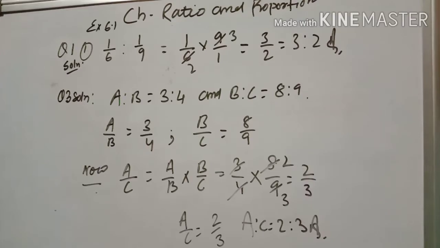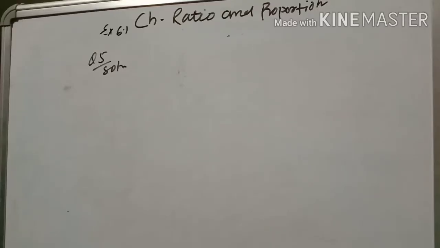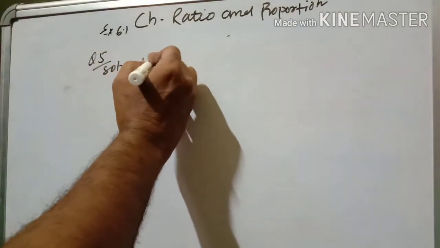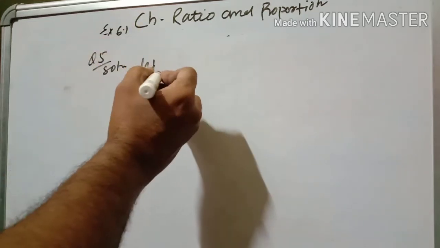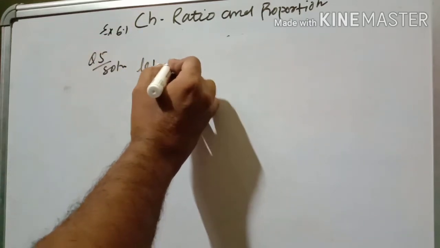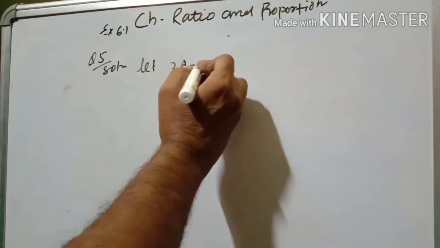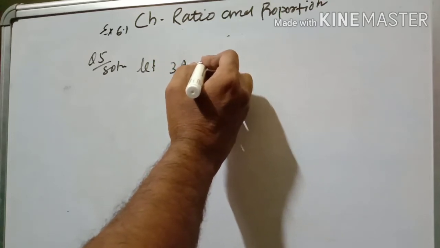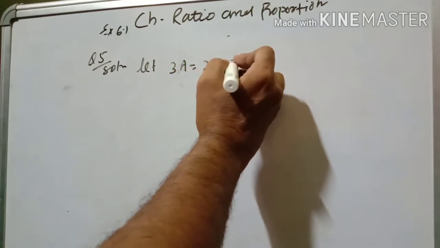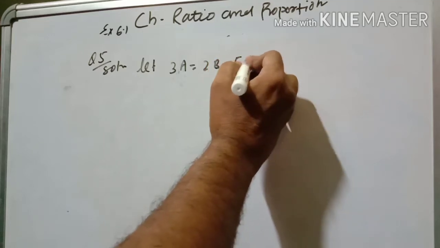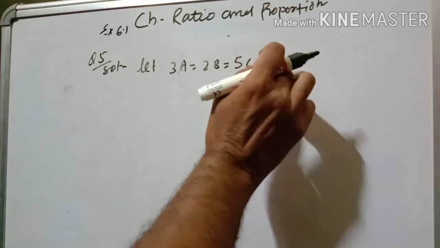Please write down. Question number 5. It is given that if 3A equals 2B equals 5C, then find out the value of A ratio B ratio C. I can write, as I told you, let 3A equal 2B equal 5C equal K. I am just assuming this.